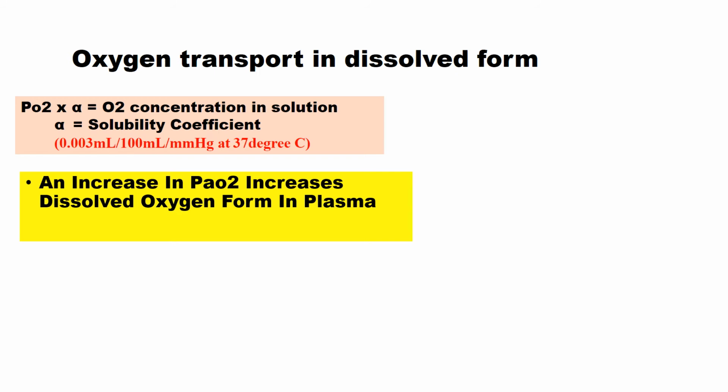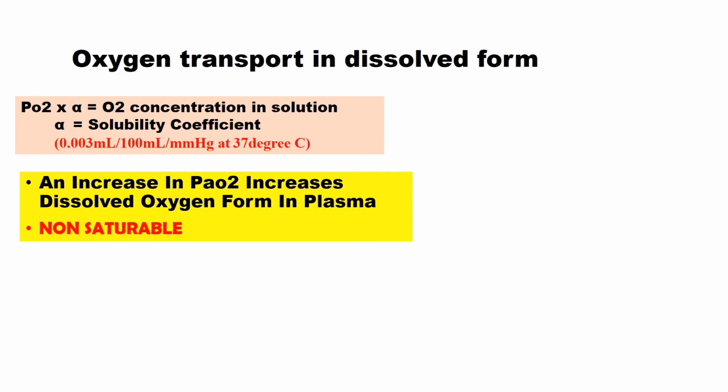This is very important because the transport of oxygen by hemoglobin is saturable. That means beyond a particular point, the hemoglobin cannot take up more oxygen, it becomes saturated, in contrast to the dissolved form which is non-saturable. The more you increase the partial pressure of the oxygen, the more will be the dissolved form.